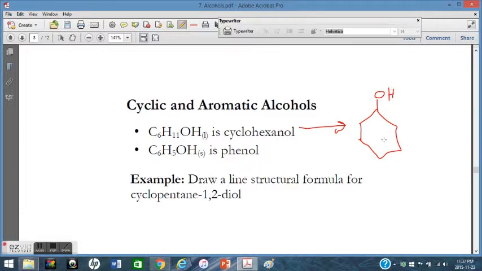If we have a benzene ring with one of the hydrogens replaced with an OH, I'll draw this one over here. That is the worst hexagon I think I've ever managed to draw. It's better. And something like that. An OH would be known as phenol.